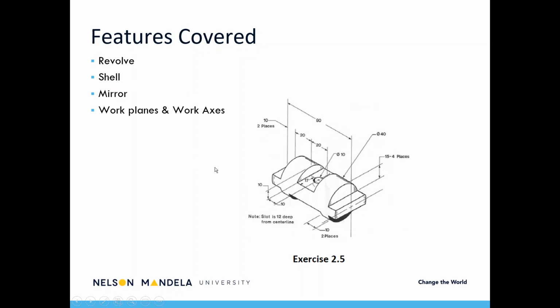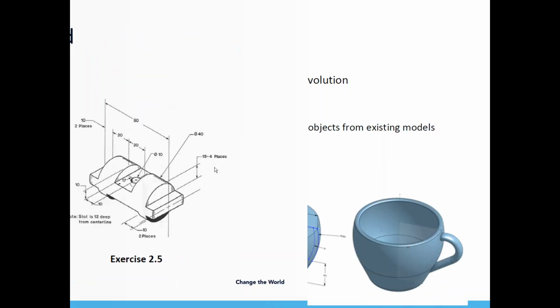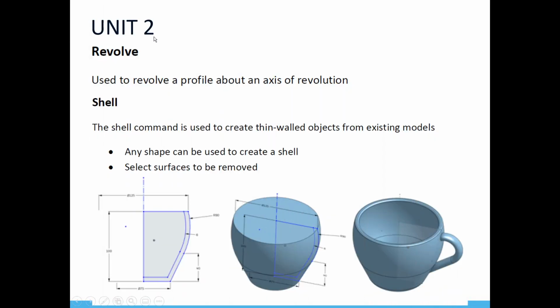The shell is easy to use. I can just tell you how it's done. So the revolve function is used to revolve a profile about an axis of revolution. So what it means is, say I want to draw this cup.